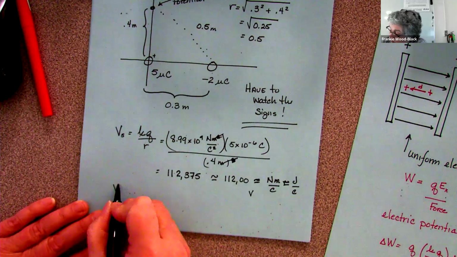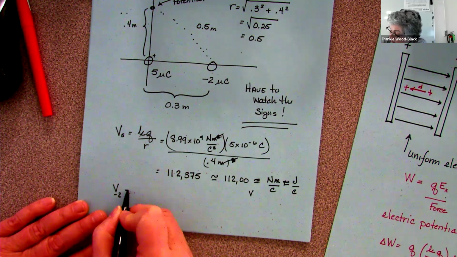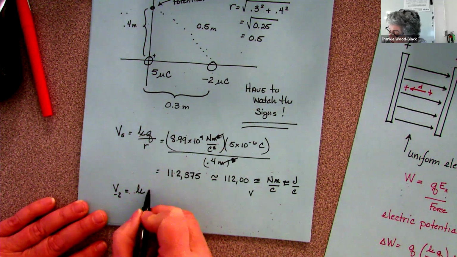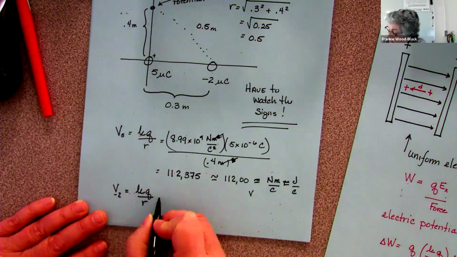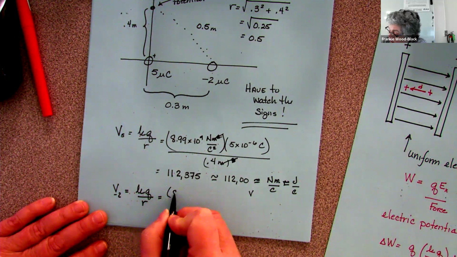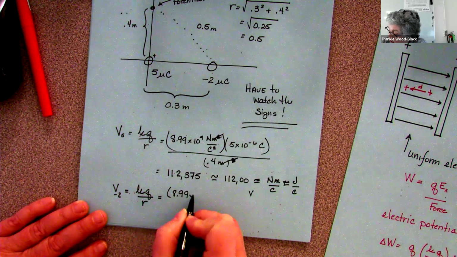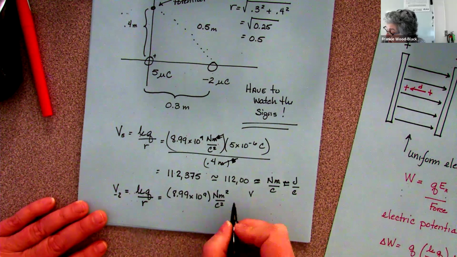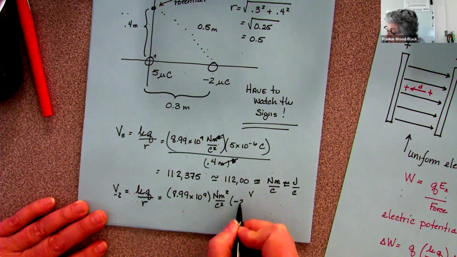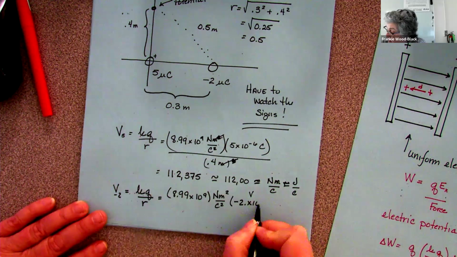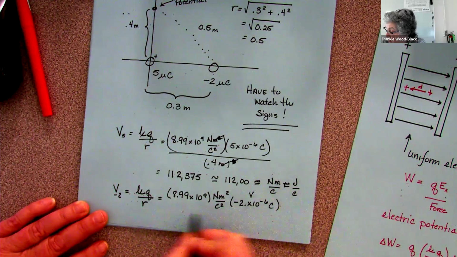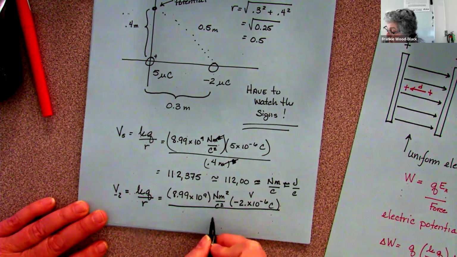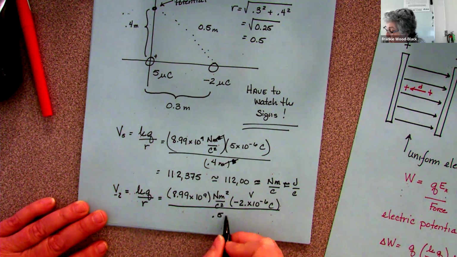Okay. Then I'm going to do the one for the -2. I'm going to get my kQ over R. I get my 8.99 times 10 to the 9th Newton meters squared per coulomb squared, and I get my -2 times 10 to the -6 coulombs divided by my 0.5 meters.